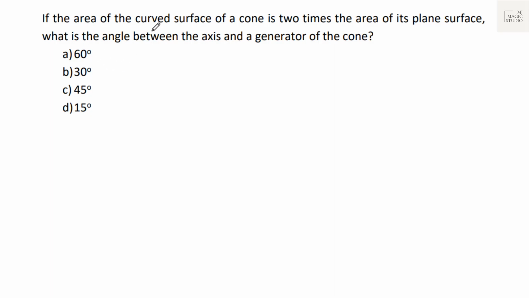If the area of the curved surface of a cone, whenever a cone is given, we treat it as a right circular cone, unless and until something else is given. Radius, height and slant height. Curved surface area is pi RL, is 2 times the area of its plane surface.